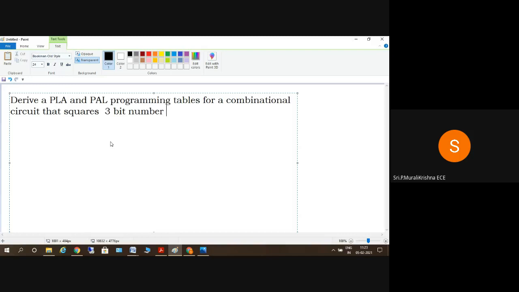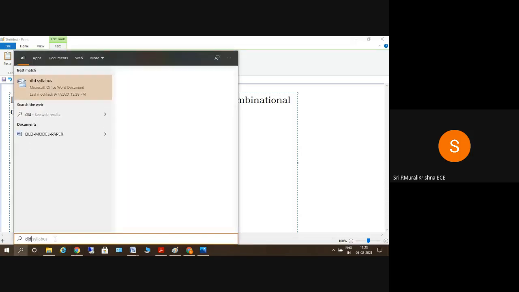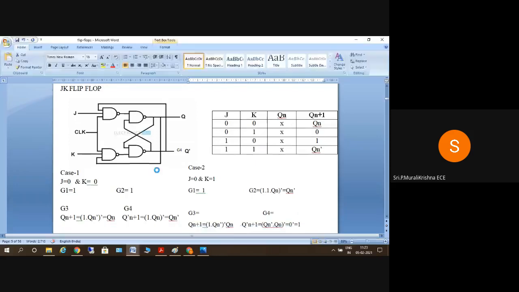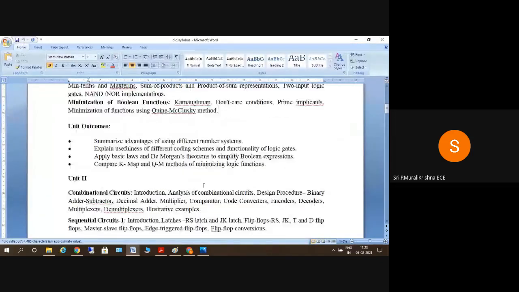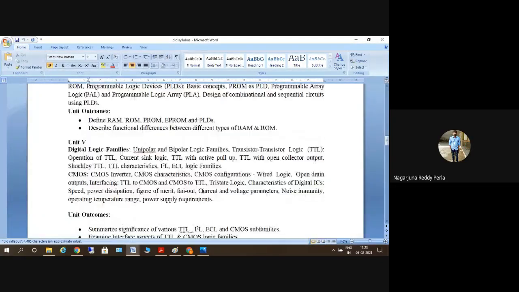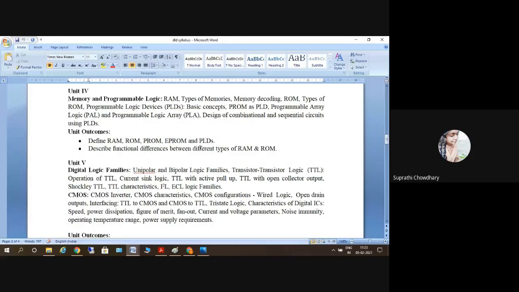So there is no need of going for the complement forms. Okay. Clear? Yes, sir.